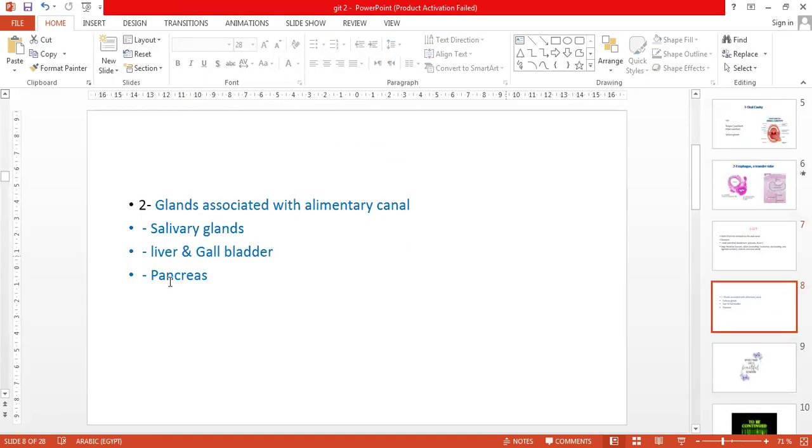The second component of the digestive system is the glands associated with the alimentary canal, which include the liver, the gallbladder and the pancreas.